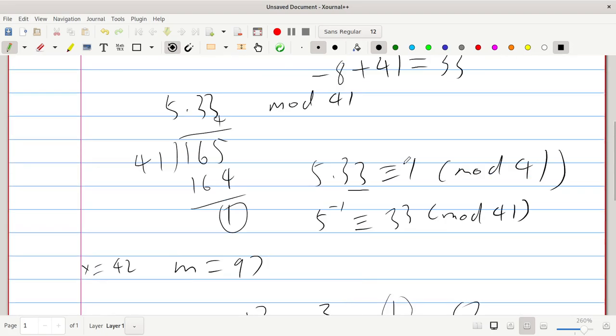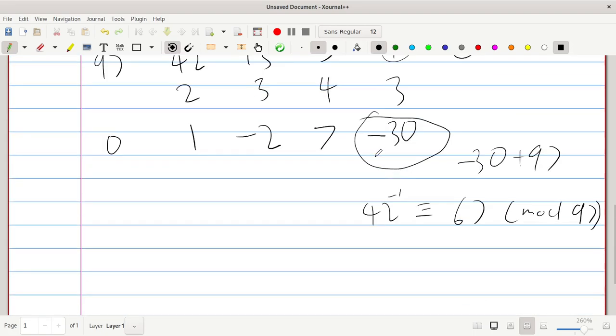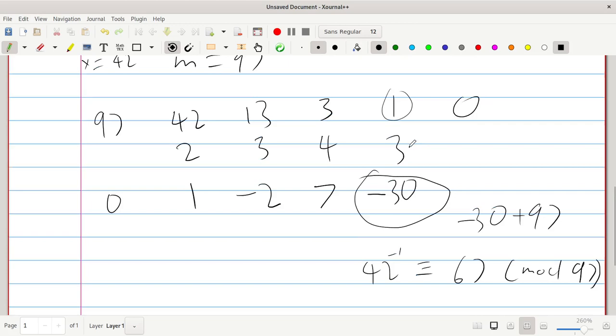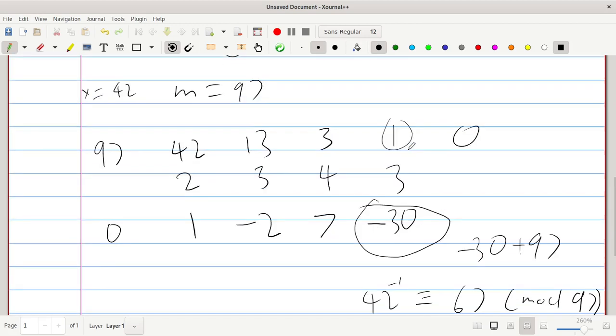Now in both of these cases, the number that we got was negative. If it's positive, then you don't have to do anything, that's the inverse. If it's negative, you add the modulus to make it positive. So that's how you find the modular inverse using the extended Euclidean algorithm.